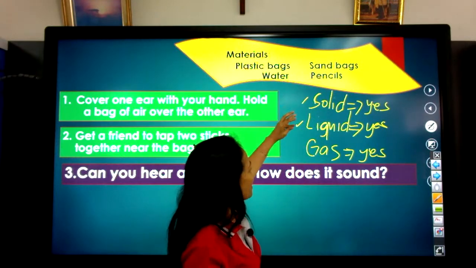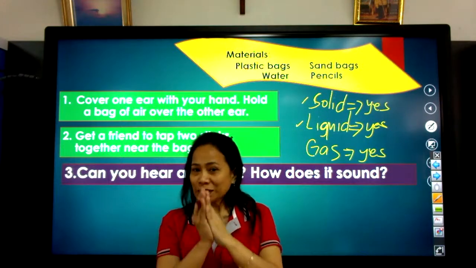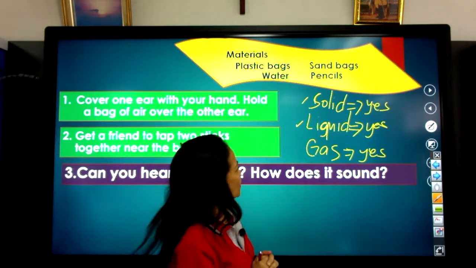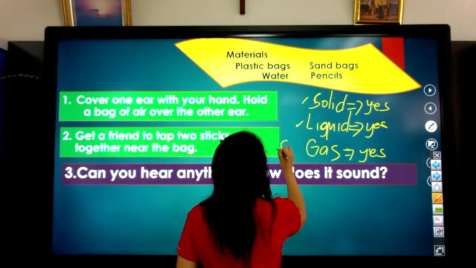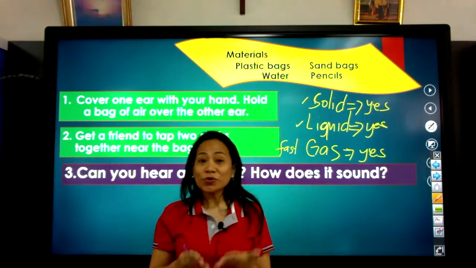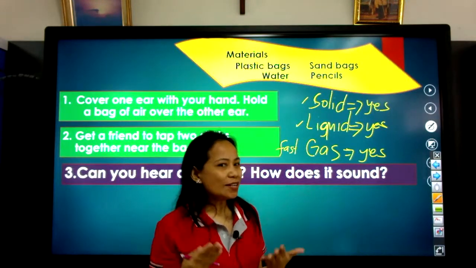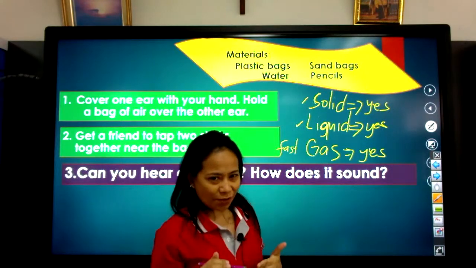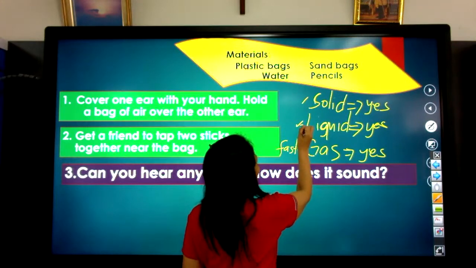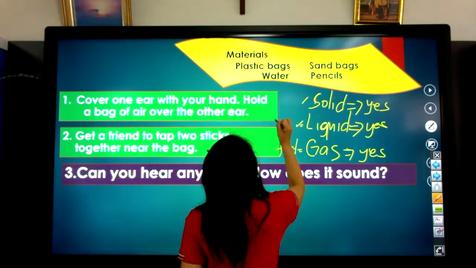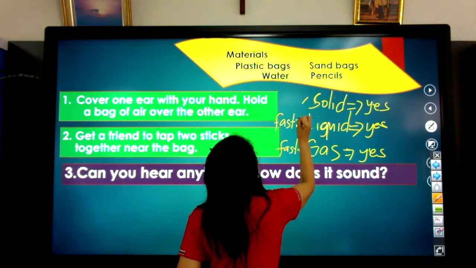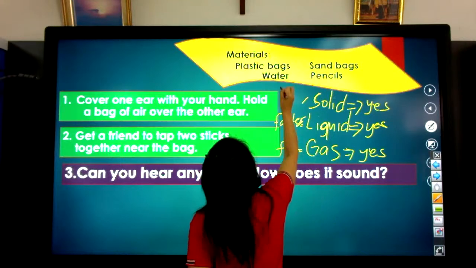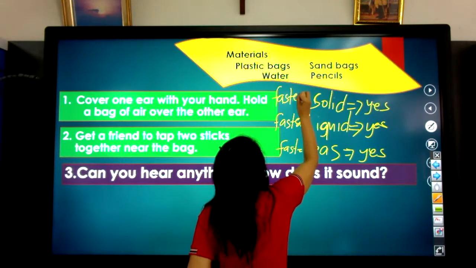So meaning the transmission of sound in liquid is faster than gas, right? So we can say gas is also fast. That's why you can hear me, right? You can hear me because sound transmits through the air fast too. But if we use the medium liquid or water, this is faster than gas. While in solid, this is the fastest.